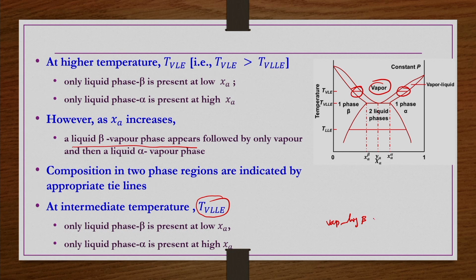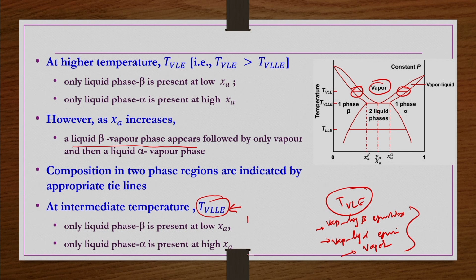Whatever we have seen at T_VLE, the vapor-liquid alpha equilibrium, and then only the vapor phase, whatever these things that we have seen at T_VLE, they are not present at temperature T_VLLE, when these three phases are coexisting. So this will be absent for this case.